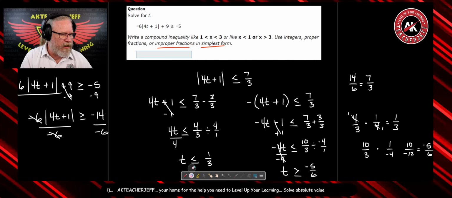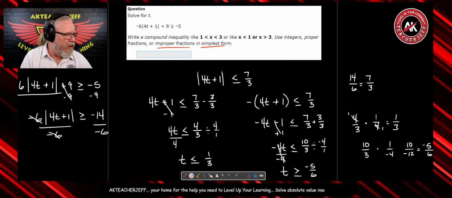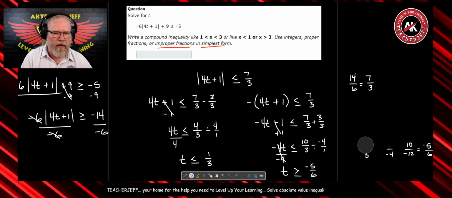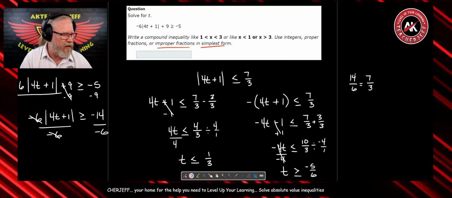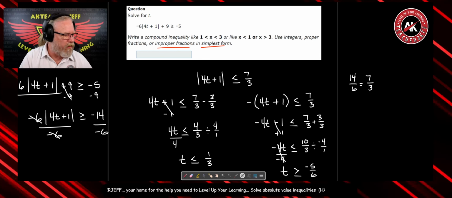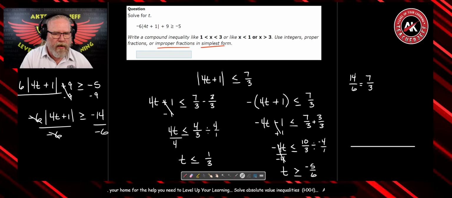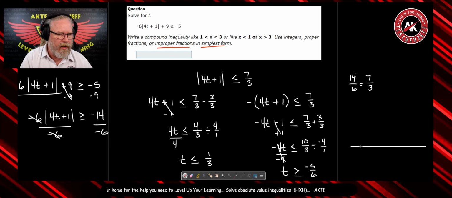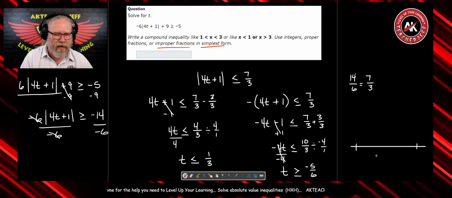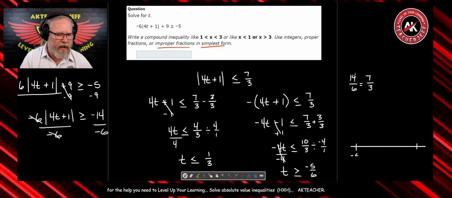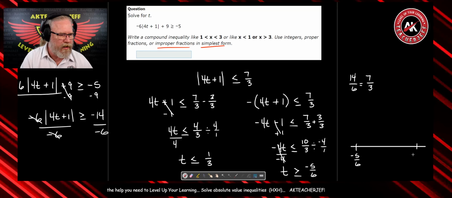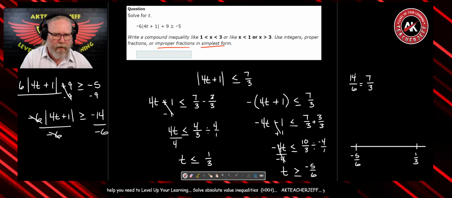All right, I need a little space here, so I'm going to go ahead and erase all of this because I want to graph that out so I can build my answer. I'll make this the last one, even though I have another one scheduled in there. But put my line in there. Two values, lesser and greater. The lesser is going to be the negative 5 over 6. The greater is going to be 1/3.